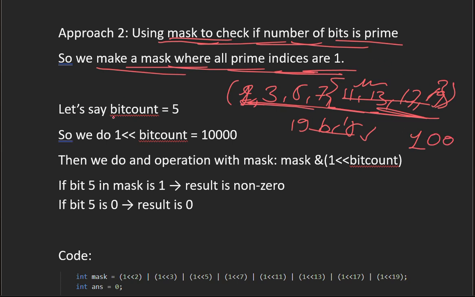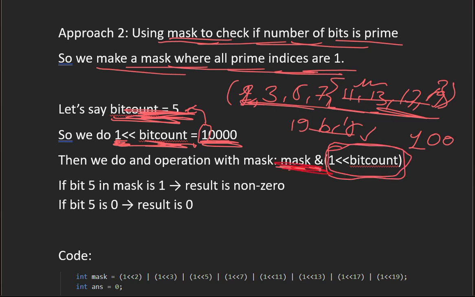Let's say our bit count is 5. Suppose our current bit count in a number is 5. So what we do is we left shift 1 by the bit count number. That is, we have shifted 1 to the 5th position. Then we do an AND operation of this left shifted value with the mask.